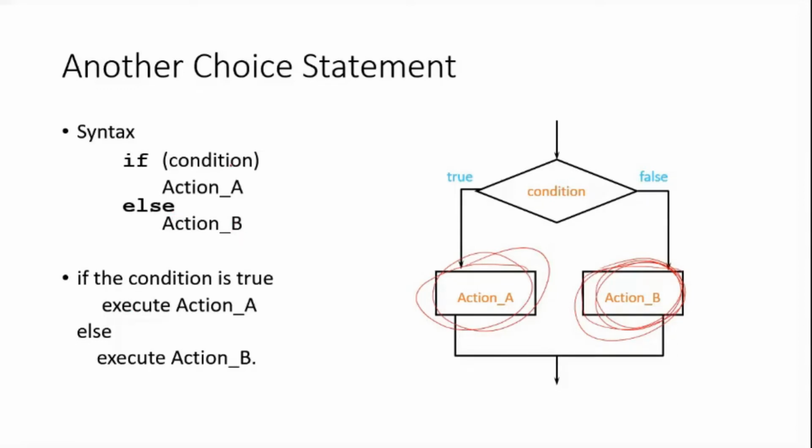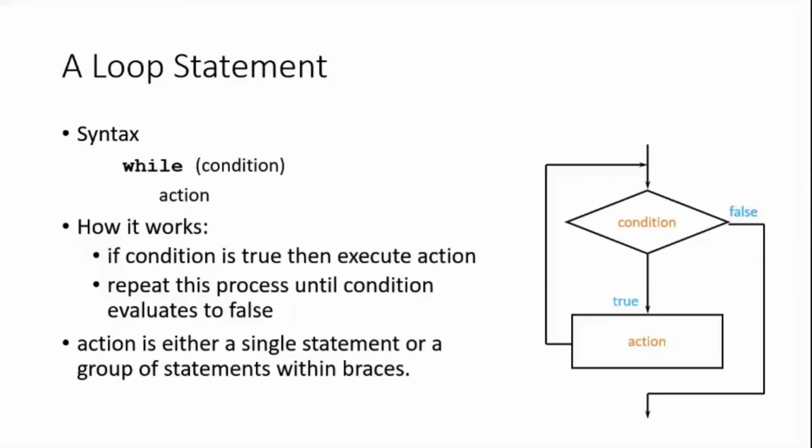So this statement is equivalent to: if the condition is true, execute action A; else, that means if the condition is false, execute action B. So that is a choice statement.